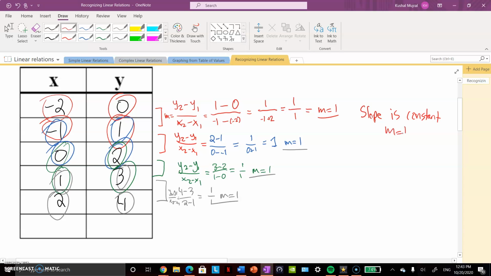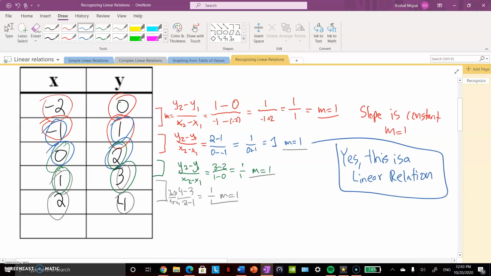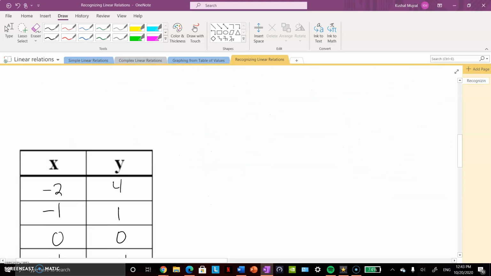M equals 1. So yes, this is a linear relation. That's your answer.